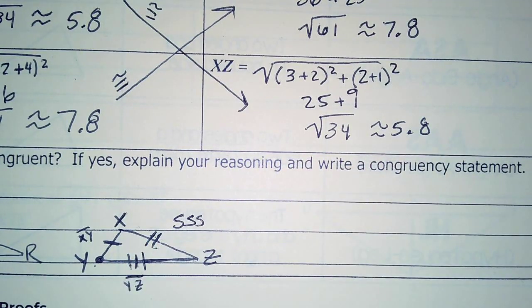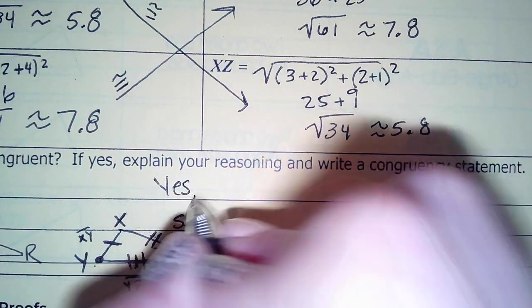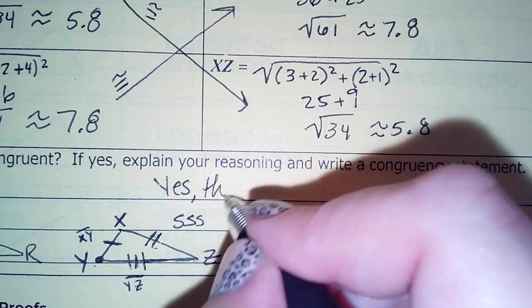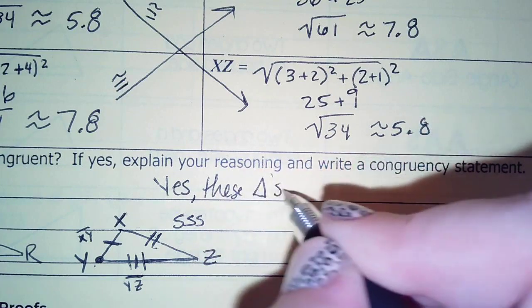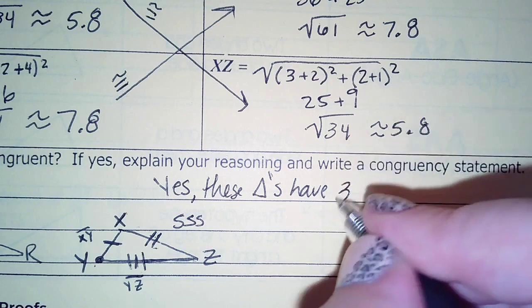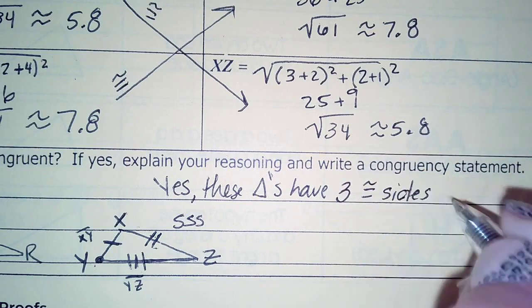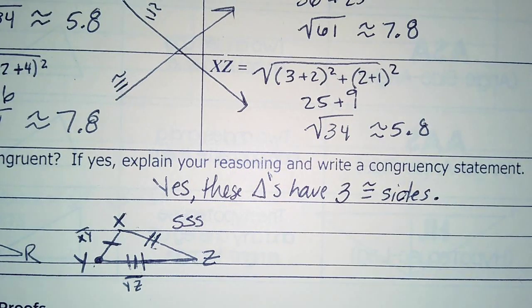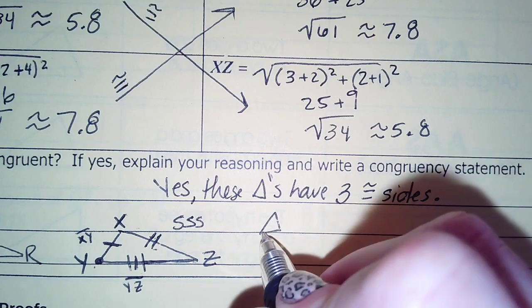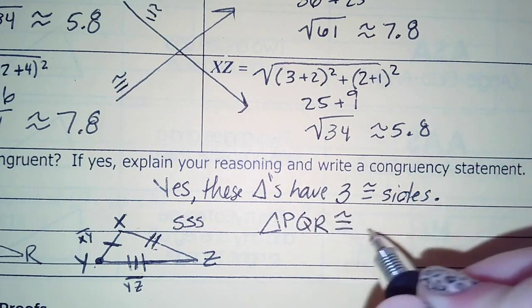So it says, are these two triangles congruent? Yes. These triangles have 3 congruent sides. And then it says, if so, write a congruency statement. So I'm going to say triangle PQR is congruent to triangle, order matters.